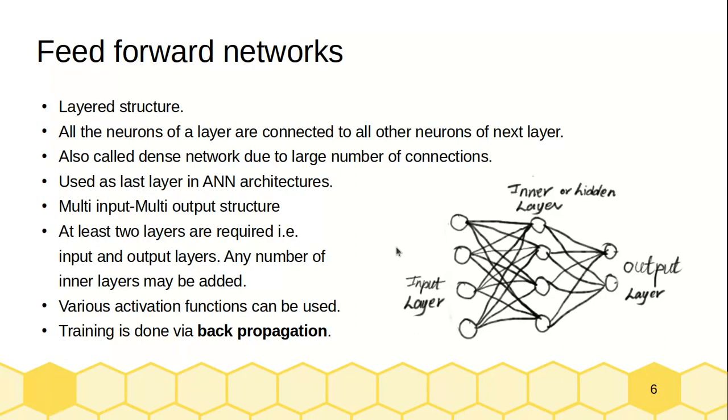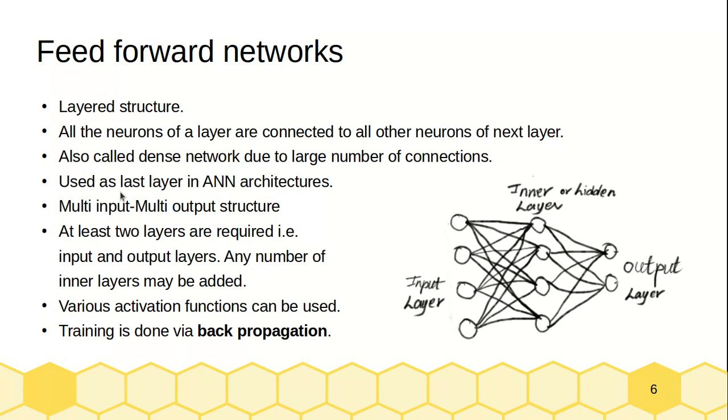They are also called dense networks due to the large number of connections. The connections are in the order of n squared, so the asymptotic complexity is n squared, where n is the number of neurons in a layer. They consist of a really large number of neurons, and hence are called dense networks.